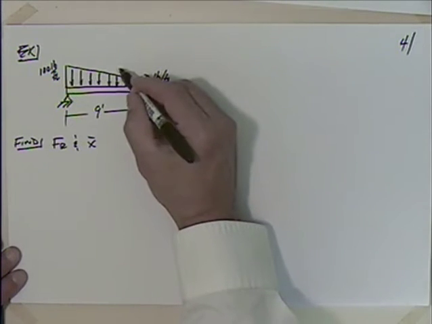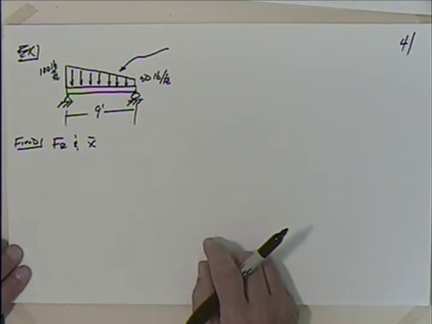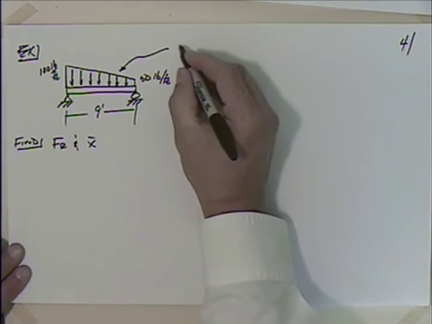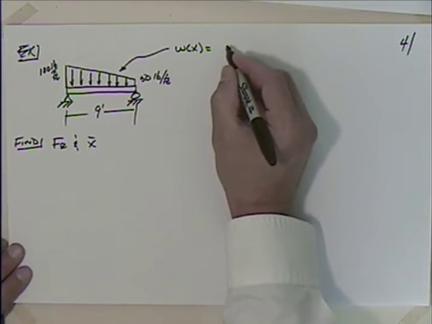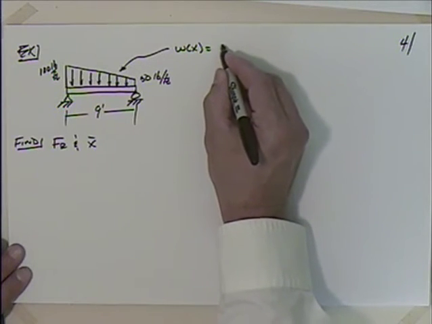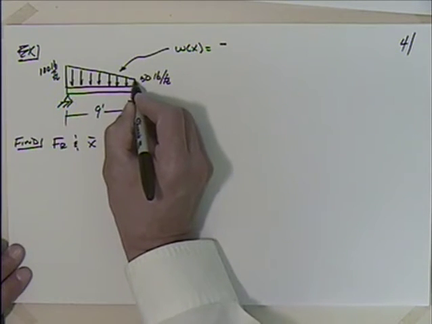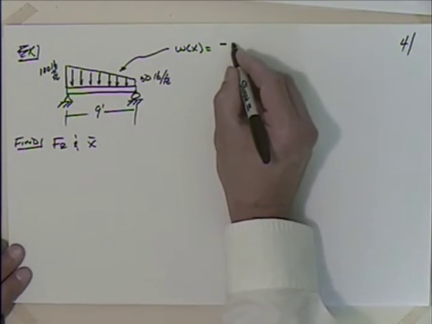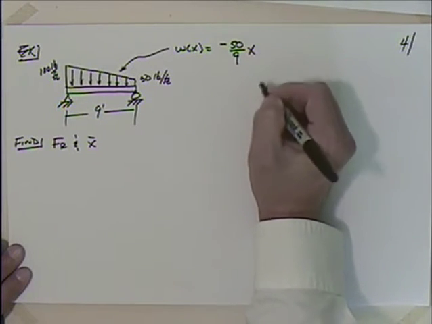Well, I probably need to find the equation for this if I'm going to use calculus. And we'll do this a variety of different ways. We may not necessarily need calculus, you'll see when we get done. But if I want to come up with this w of x, what's that going to look like? I could say that that's equal to, does this have a slope? Yeah, minus 50, because it drops 50. I have a drop of 50, so minus 50 over a run of 9 times x.